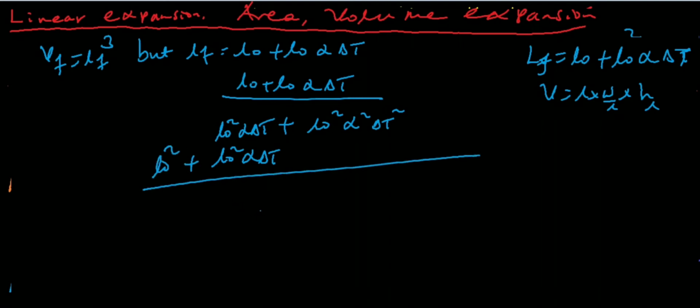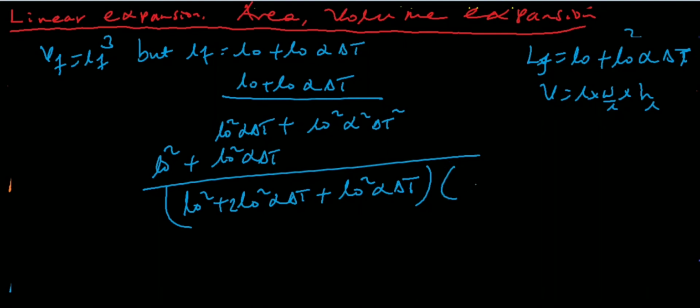This is equal to L naught square plus 2 times L naught square alpha change in temperature plus L naught square alpha change in temperature. And this one is also multiplied by L naught plus L naught alpha change in temperature. This can be written in this form.